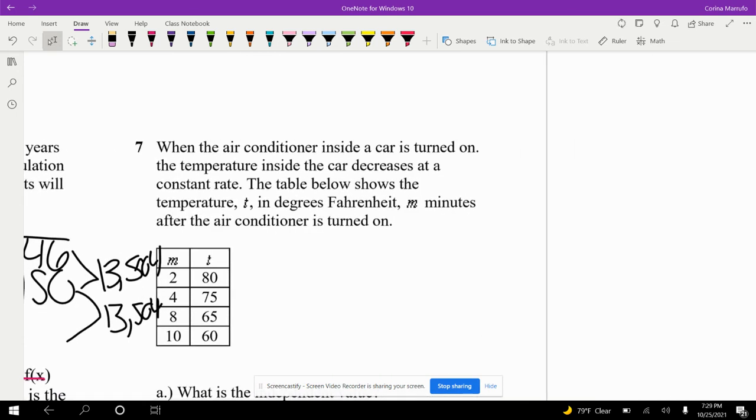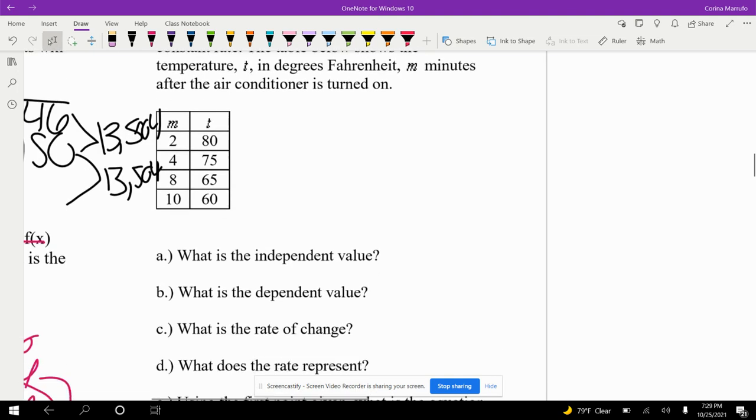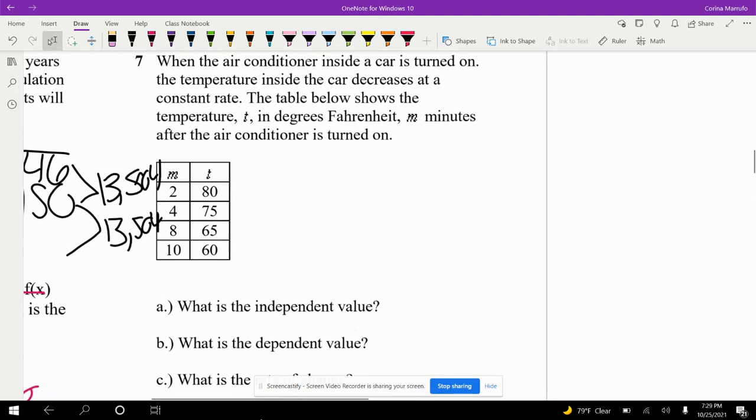Number 7, it says when the air conditioner inside a car is turned on, the temperature inside the car decreases at a constant rate. The table shows the temperature T in degrees Fahrenheit in m minutes after the air conditioner is turned on. What is the independent value? The independent is always going to be our x value. In this case, it says m minutes.